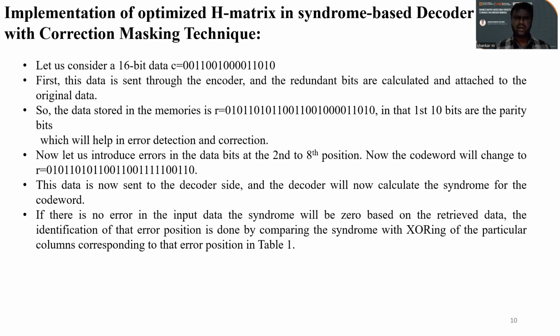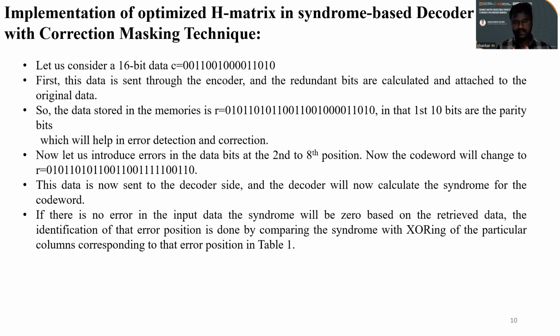So let me continue with an example. Now let us consider 16-bit data. C is the input data, which has no error in it. First, this data is sent to the encoder and the redundant bits are calculated and added to this. So first it goes through an encoder, and in this encoder we find the parity bits.